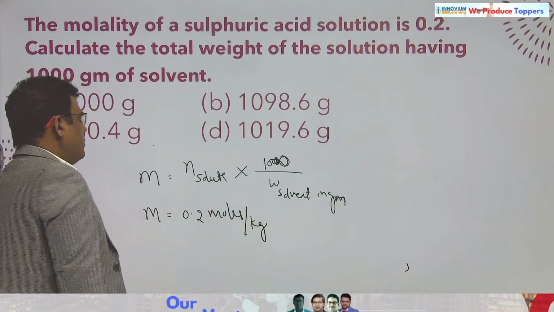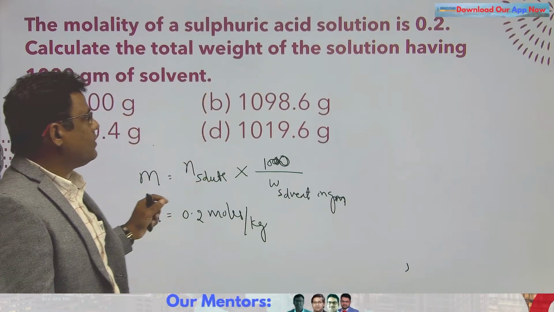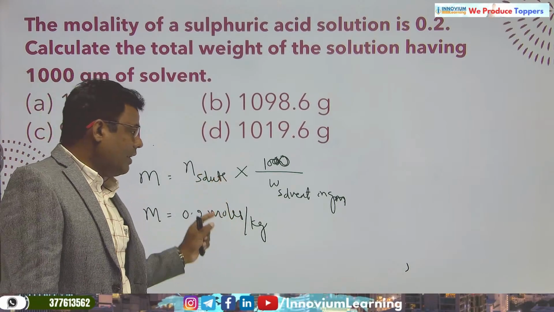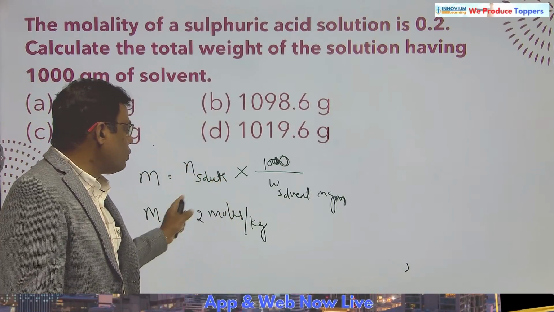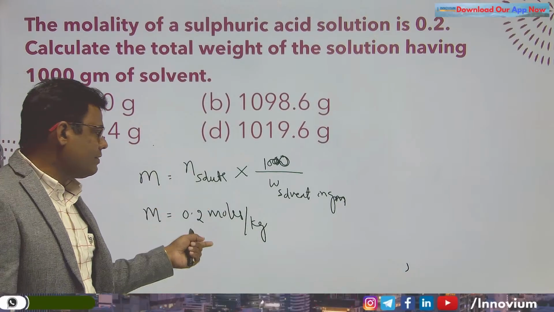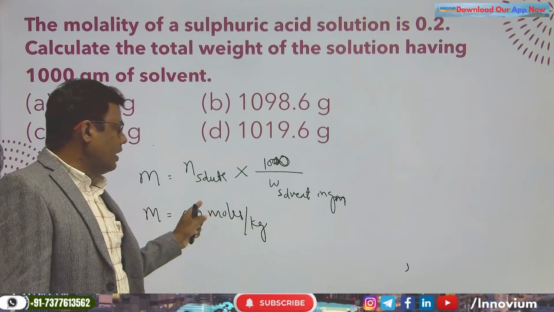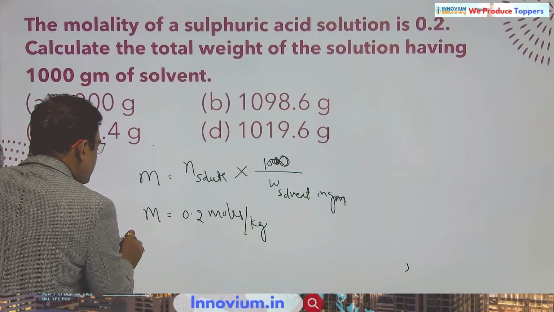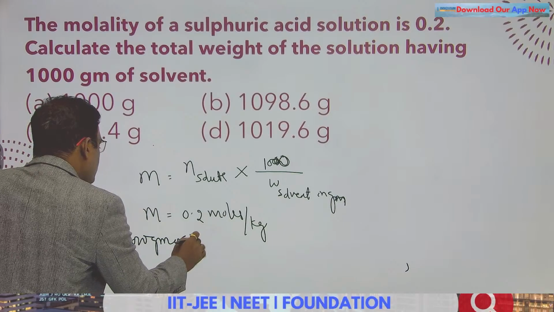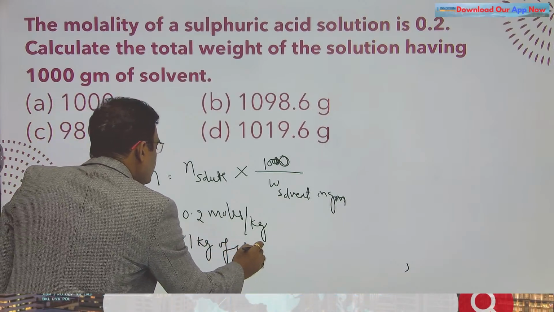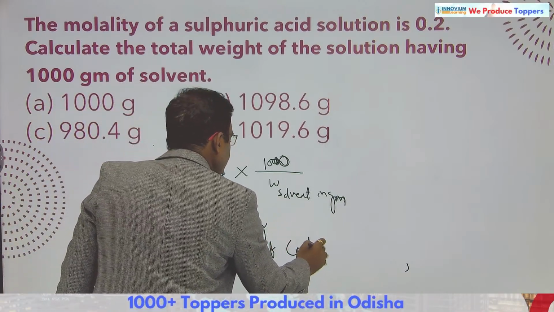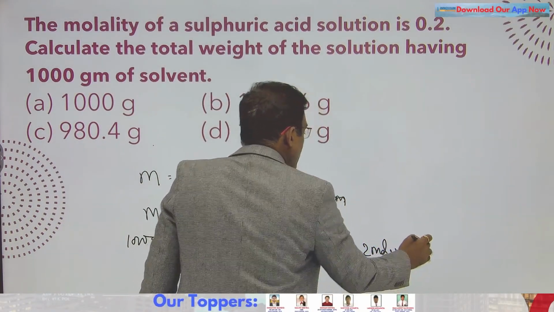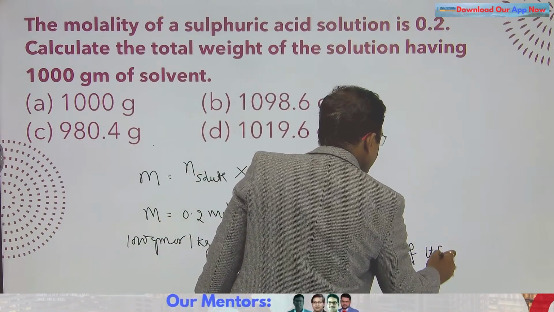Moles per kg means the given molality is 0.2 moles per kg, means 1 kg of solvent contains 0.2 moles of solute, or you can say 1000 gram of the solvent contains 0.2 moles of the solute, correct? So here we can consider 1000 gram or 1 kg of solvent contains 0.2 moles of sulfuric acid.